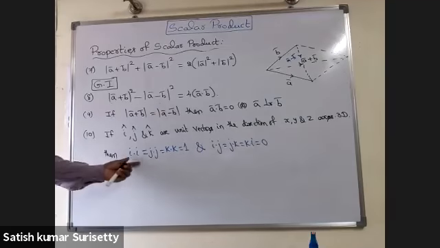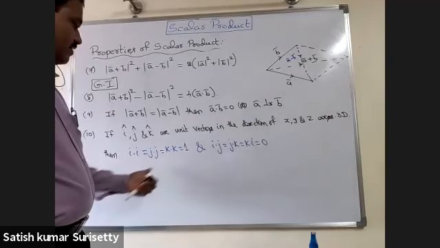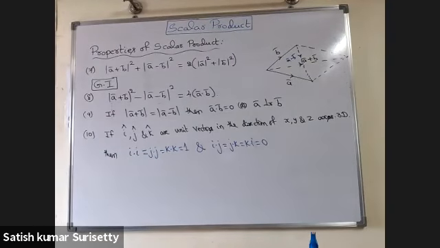Whereas for i dot i, j dot j, k dot k, the angle between them is 0, so it will be 1.